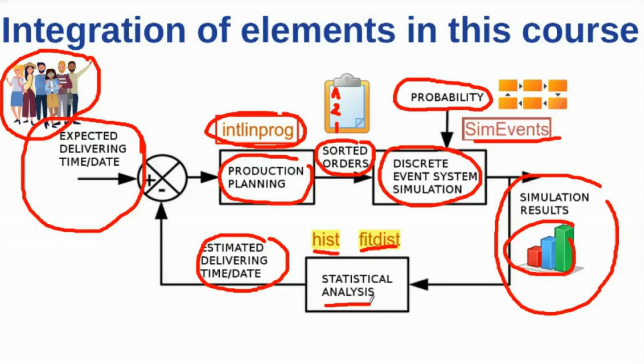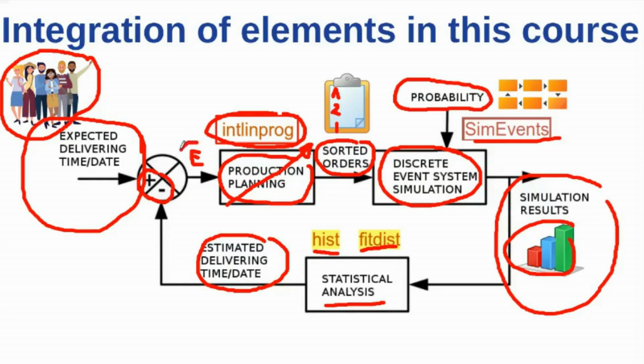So this is the statistical analysis. This statistical analysis will result in an estimated delivering date that will be compared with the expected delivering date. If we have an error in here, we can change the production planning criteria in order to change the sorting of orders.